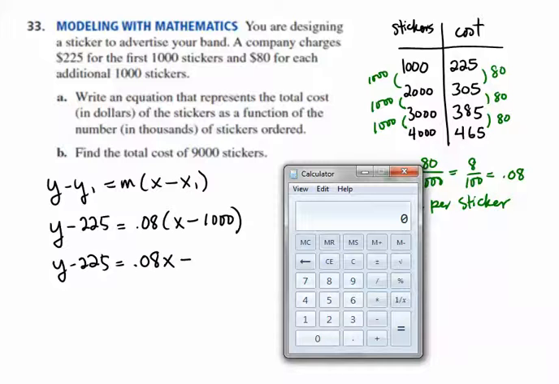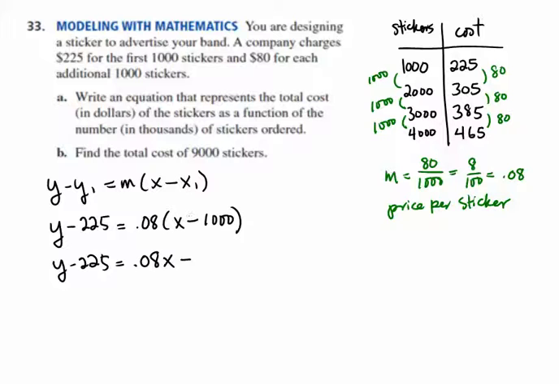We'll use our little calculator. So 0.08 times 1,000 is going to give us 80. And so we have 0.08x minus 80.